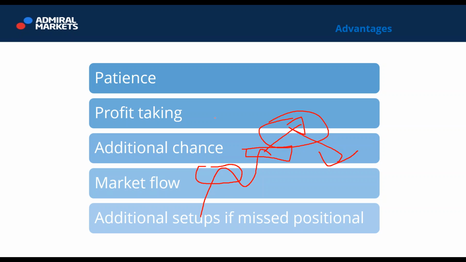So when you try to counter trend trade, have in mind that that's a completely opposite logic of taking trend trades. But its advantage is that it gives you additional chance if you already missed a trend-based entry. Also, it will teach you about market flow, because traders who are only trading trends, who know just about trends, they don't know what to do if they're caught in a big drawdown.